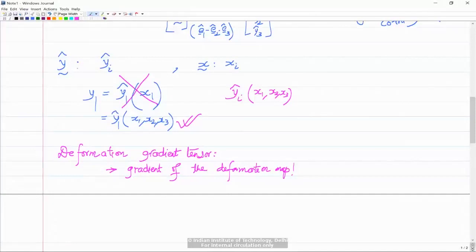And which gradient? You can recall from the previous class, there are two types of gradients, Lagrangian gradient and Eulerian gradient, right? And the deformation map depends on x, so we have to take the gradient with respect to x. Therefore it's the Lagrangian gradient.